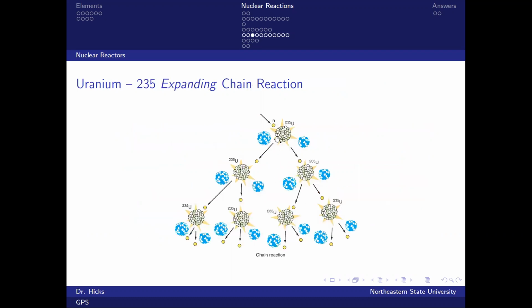So here's a picture of that expanding 235 reaction. And if I had a whole lot of uranium-235, this could go on for a long time. This could just keep doubling at every step. And that could possibly be bad.